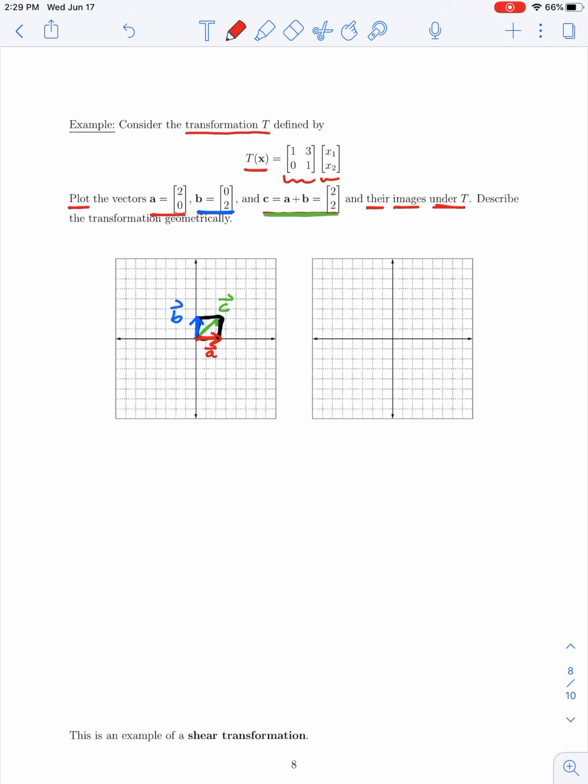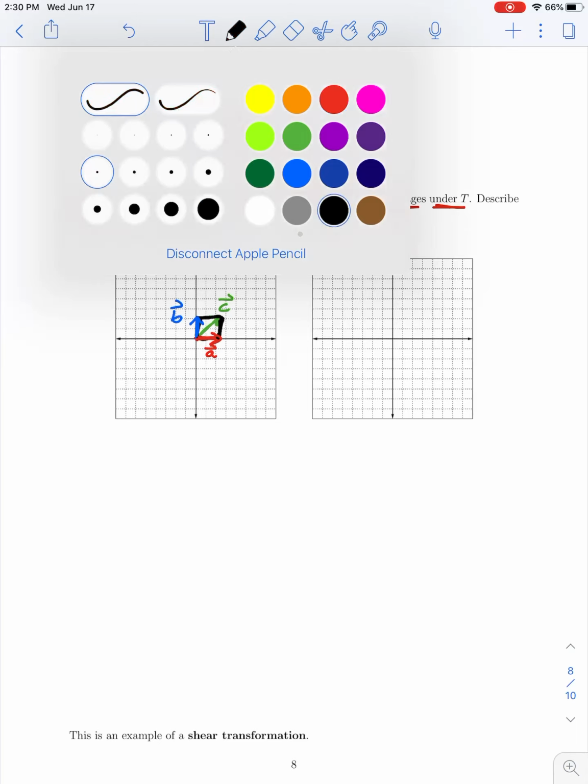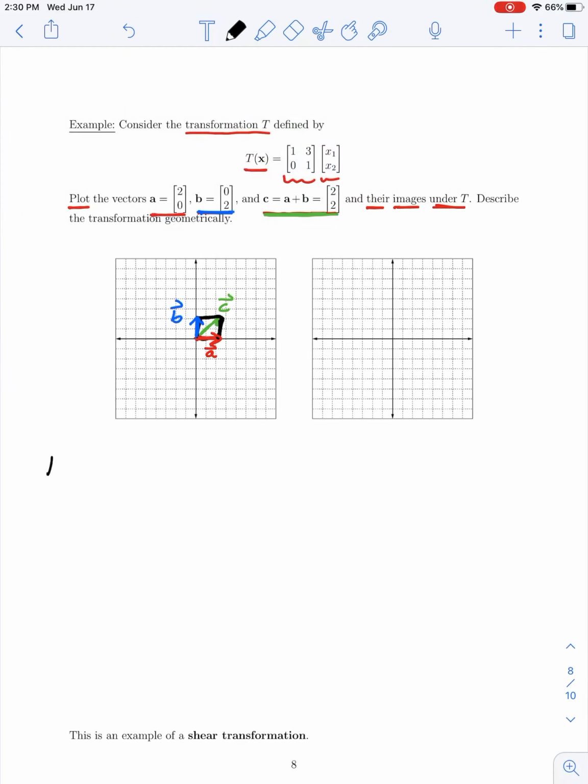All right. So let's look at the image of each of these vectors under the transformation T. Looking at T of A, this transformation is defined by taking the matrix [1, 3; 0, 1] and multiplying our vector. Here our vector A was (2, 0).